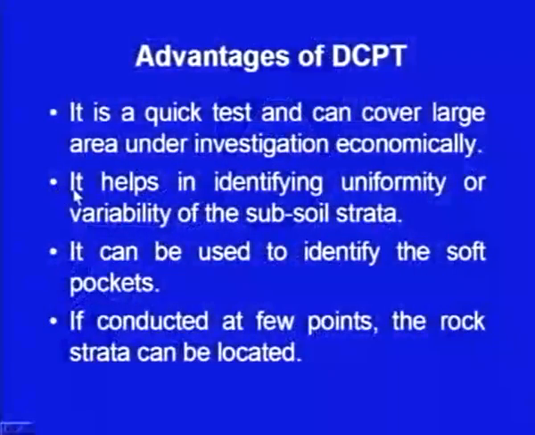Second advantage is that it helps in identifying uniformity or variability of the subsoil strata. This is very useful. You can do the test at different locations, and then as you saw in the previous slide, you can see here the strata, these points, they were quite close to each other.